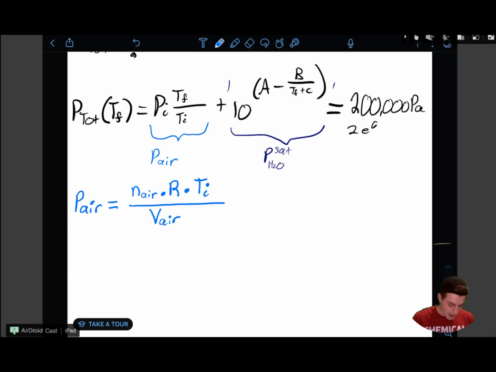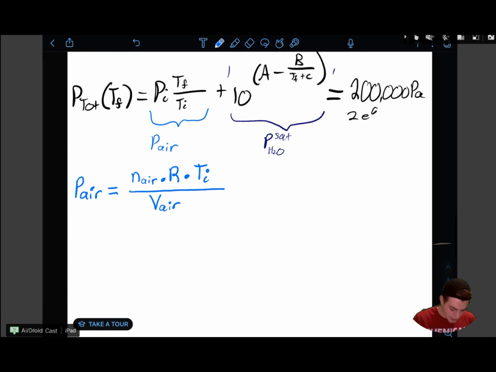Other than that, this equation will stay relatively the same. And because we have the same final pressure, when we end up doing our root function, we're going to subtract that same final pressure. And then we can set this equation equal to 0.